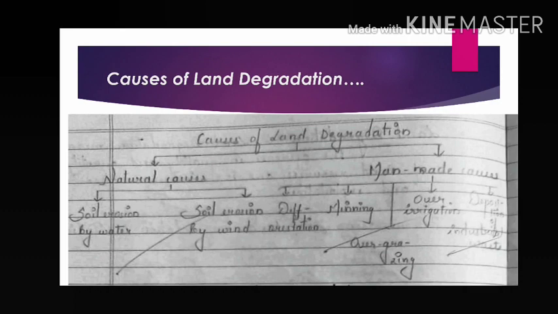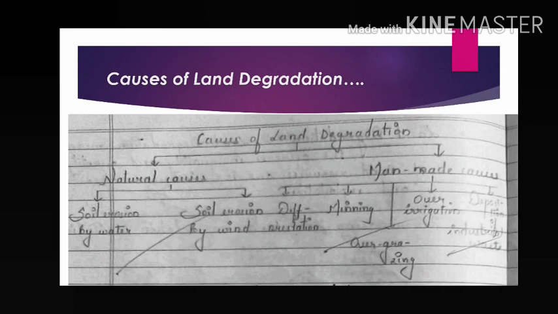At that time the soil is washed away, and the fertile soil layer is washed away, and that's why land is degraded. And also by wind, the same thing: when wind moves over the top layer of the soil, some part of the top layer is carried from one place to another. That's why the fertile layer is also carried away, and that is a cause of land degradation. Now come to the man-made causes.